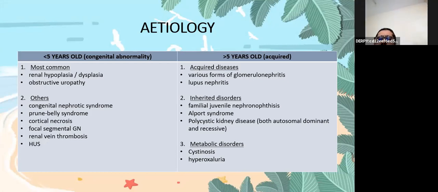And you mentioned renal vein thrombosis. Does renal vein thrombosis start as acute or come chronic from the beginning? It starts as acute. Now tell me, in pediatric age, what is the most common cause of renal vein thrombosis?